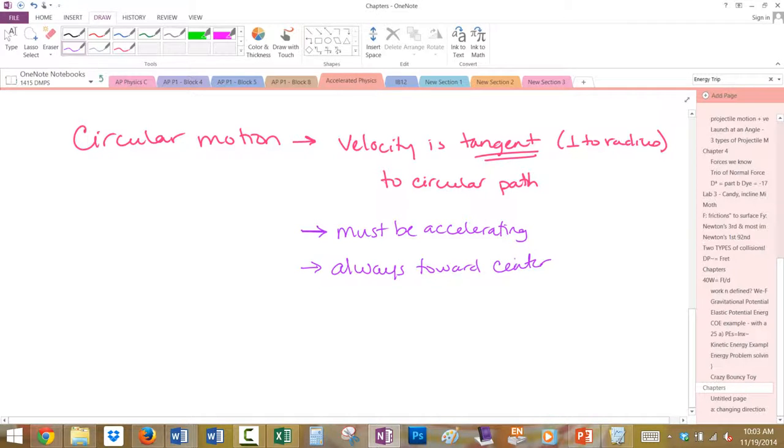We can call that acceleration something special. That acceleration is center seeking. It's like that friend that's always pulling on you toward the center. There's a fancy word for that, and that fancy word is centripetal. Centripetal means center seeking.